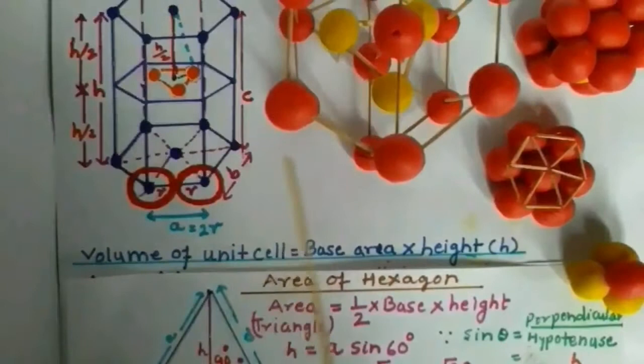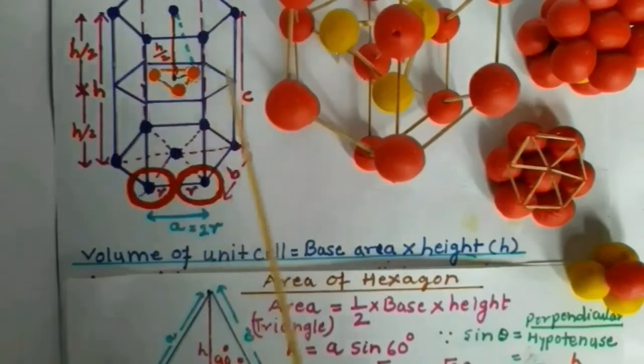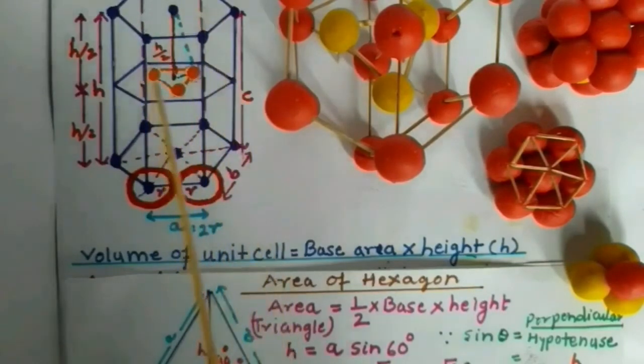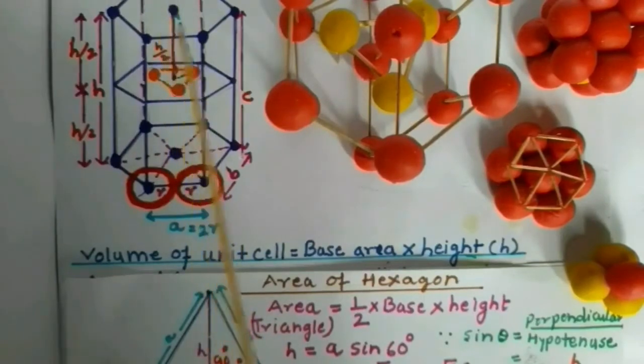And this height is nothing but edge length C. And this height H is actually twice the distance between the two consecutive layers A and B. It is twice the distance between the two layers. This layer represents the second layer, this one is third layer, and this one is the first layer.